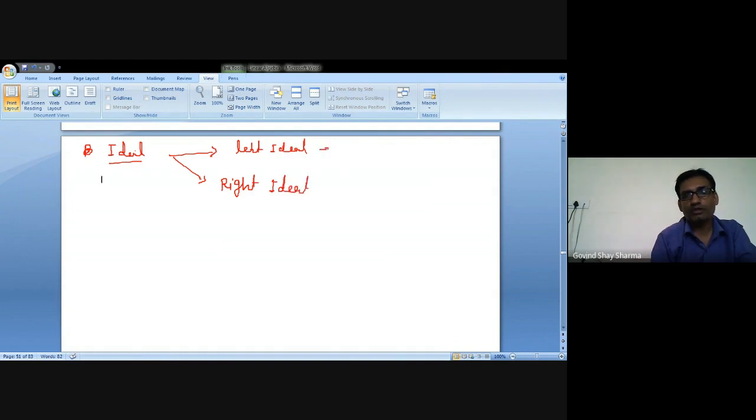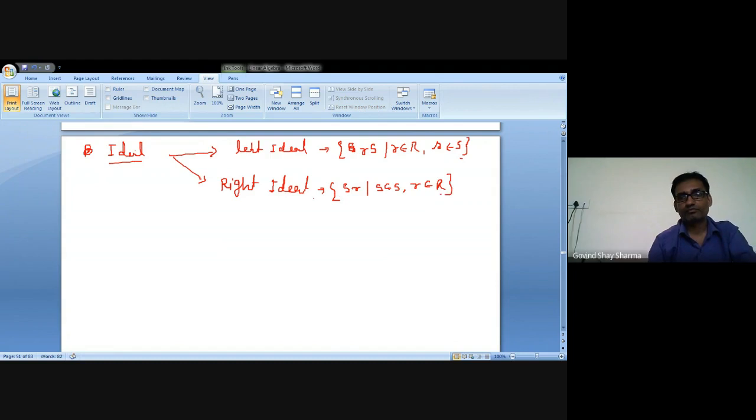Left ideal elements are of the form rs, where r belongs to R and s belongs to S. And right ideal elements are sr, where s belongs to S. That means r multiplies from the right side, so we say right ideal.